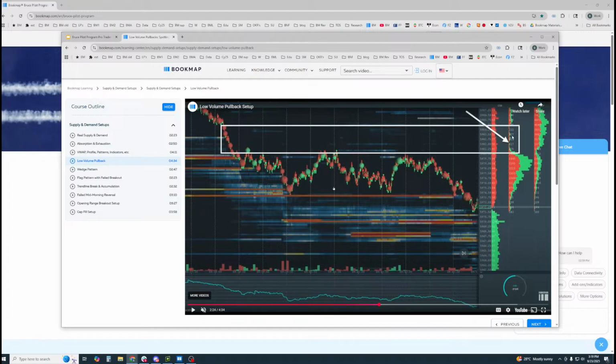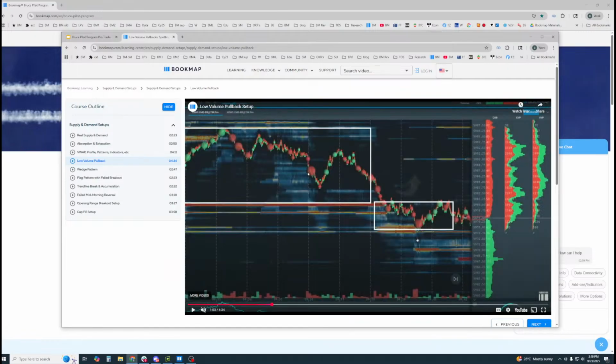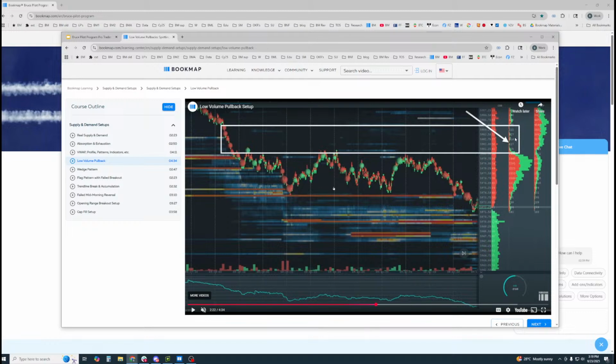Okay, so this is going to be rejection, because the market has now moved. It's told us that it's moved away from this previous area, this previous structure up here. Now we've moved away. Once we've moved away, you'll see the low volume area in here typically, and we look for a retracement back into that area.